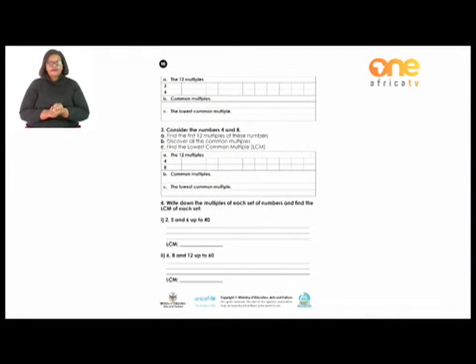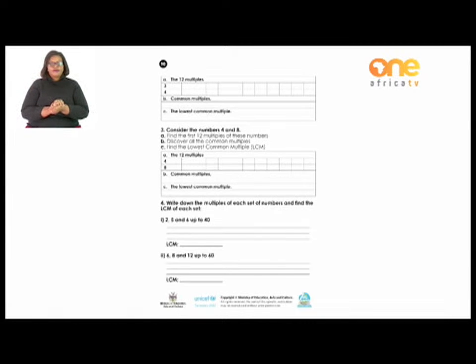You have to fill those 3 and 4 in the space provided. Number 3, you have to do the same with the numbers 4 and 8. And then we go to number 4. Here we have to write down the multiples of each set of numbers and find the LCM of each set. The first set, we have 2, 5, and 6 up to 40.